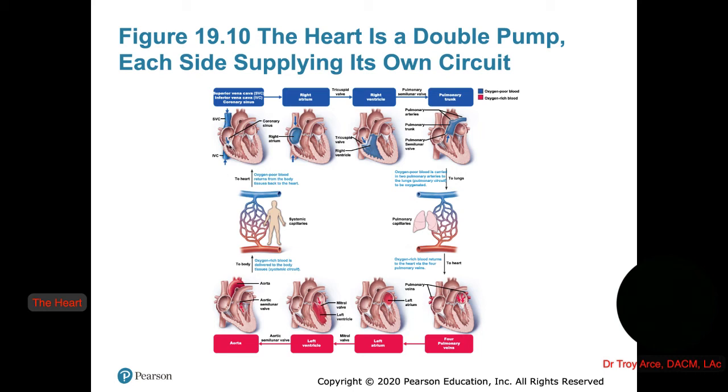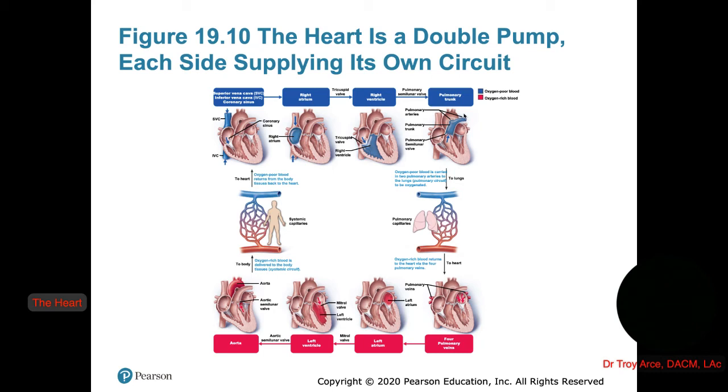All right, it shows in order where the deoxygenated blood comes into the right atrium and fills the right ventricle through the tricuspid valve. Then the ventricle contracts and sends that up through the pulmonary trunk, which is oxygen poor blood, up to the lungs.